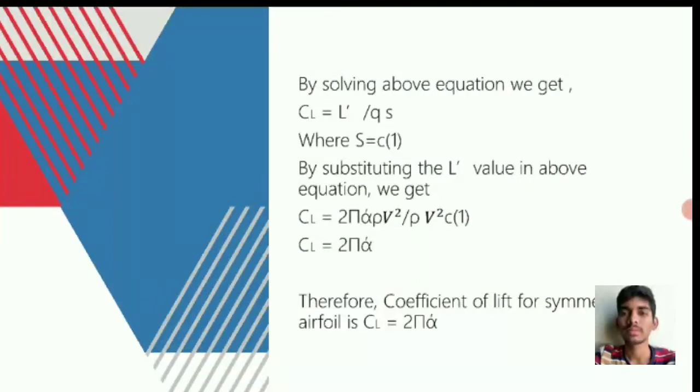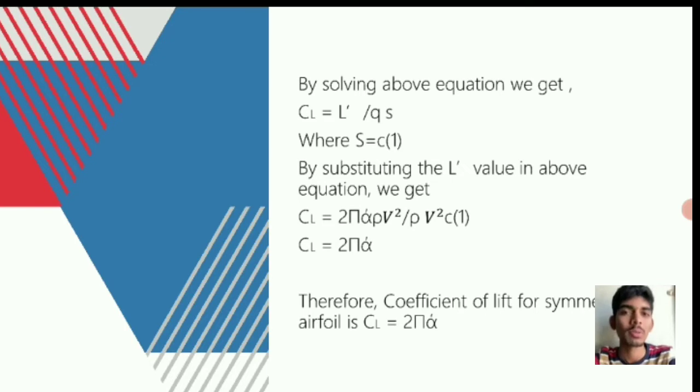Next, by solving the above equation, we get CL equal to lift per unit span divided by dynamic pressure times area, where the surface S is equal to c times 1. By substituting the lift per unit span value in the above equation we get CL equal to 2 pi alpha rho V square c by rho V square c.